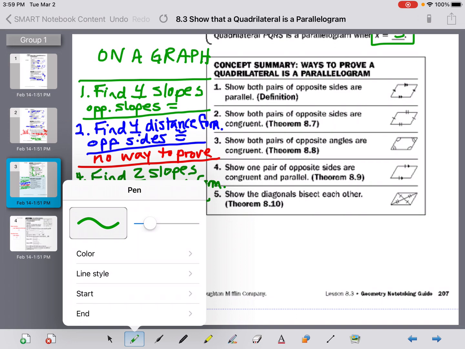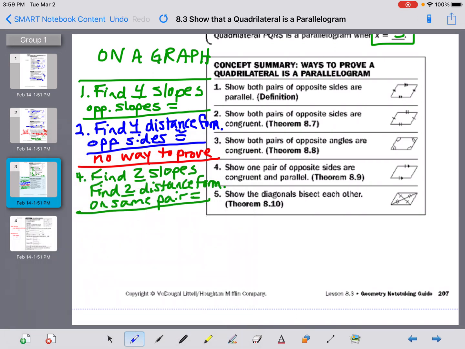All right, last one here. For number 5, show the diagonals bisect each other. Well, this one's probably the trickiest and takes the most steps. First, you're going to need the midpoint formula to find the midpoint.